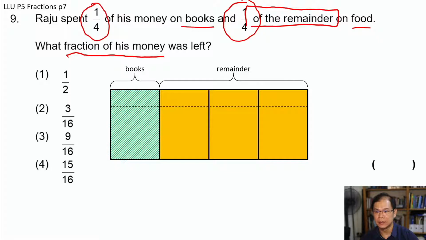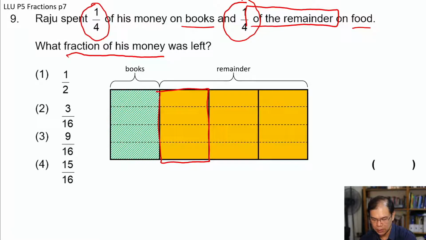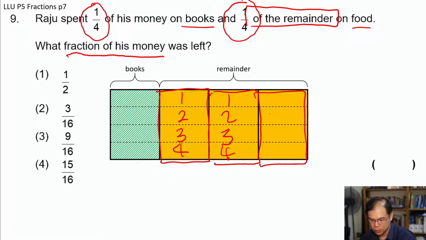It means I will have to draw like this. So each orange box, there is the remainder, 1, 2, 3, 4. 1, 2, 3, 4. 1, 2, 3, 4. And when I do this, there are also 4 parts here.